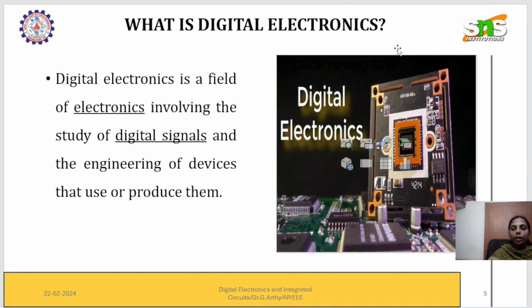Now what is digital electronics? Digital electronics is a field of electronics that involves the study of digital signals and the engineering of devices that use or produce them. So when a digital signal needs to be processed, we need to give the signal to a digital system. So analog signal has to be converted to digital signal using an analog to digital converter, and then it has to be given to a digital system.